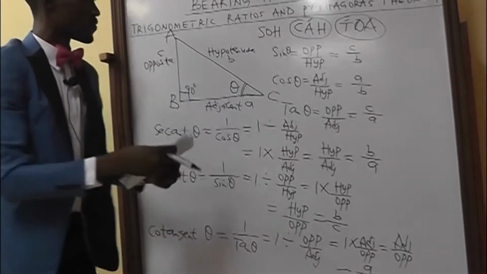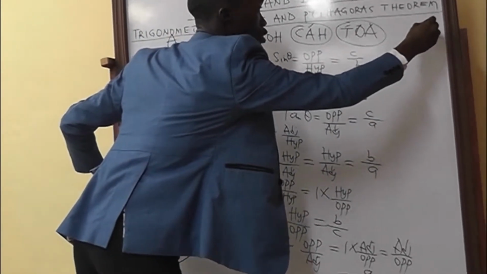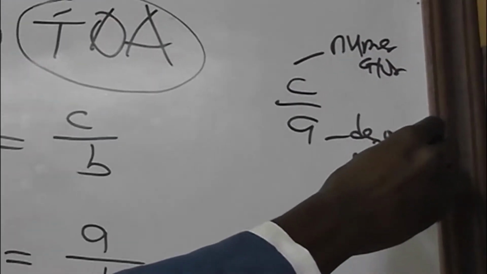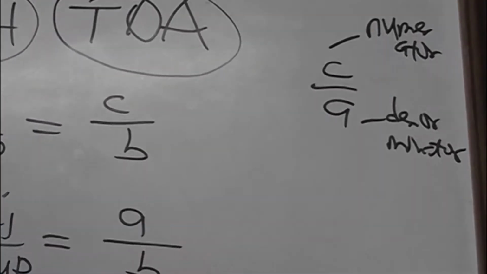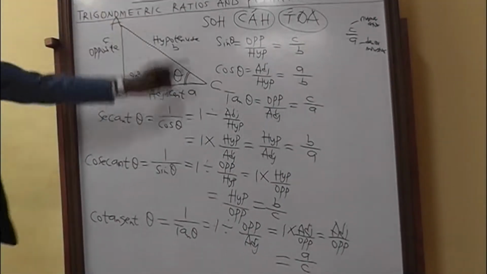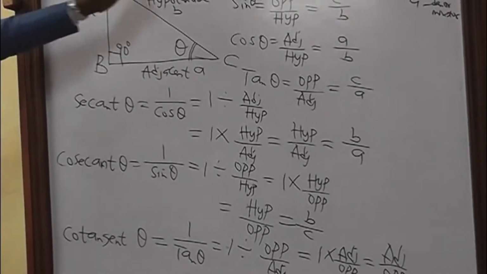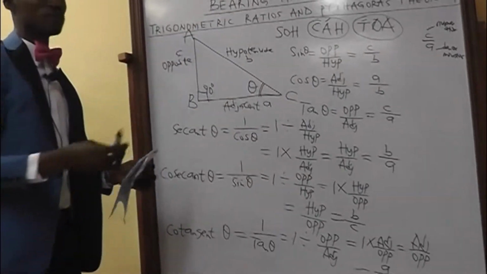When we have a fraction like C over A, C is the numerator and A is the denominator. So when we take the inverse of this, the numerator will become the denominator, while the denominator will become the numerator, and that is what we have done here. So these are the major trigonometric functions that we have. Every other thing under trig ratios revolves around these 6 that we have been able to derive now.